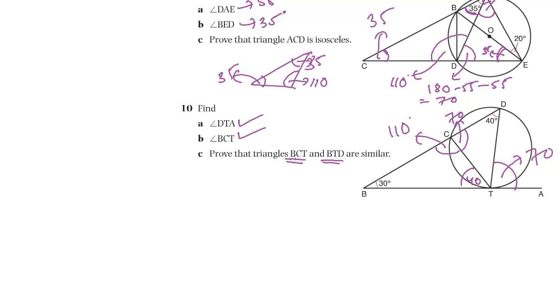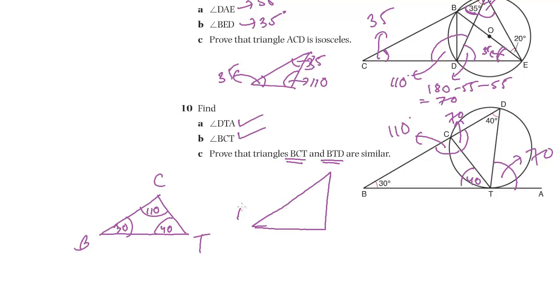So let me draw this triangle BCT. So BCT is this triangle over here. So this is 30, this is 110 and this is 40. Now BTD. So BTD is over here. This is B, this is D, this is T. So this is 30.